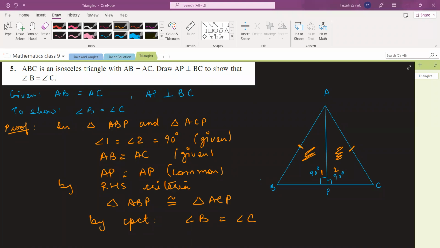Okay, then the next topic, inequalities in a triangle, is not in the syllabus, so this chapter is over. Let us start area related to circles. Or I'm thinking, let us do Heron's formula first.